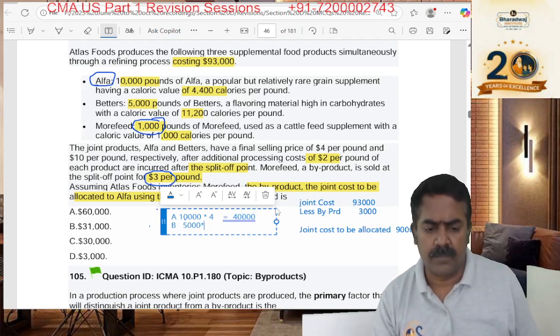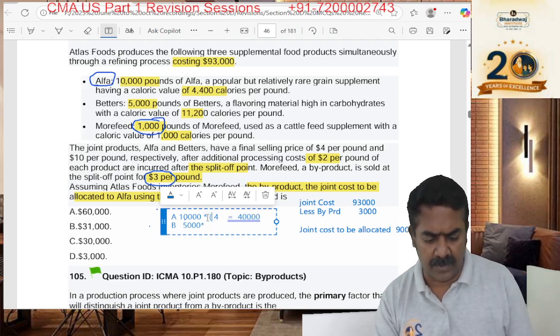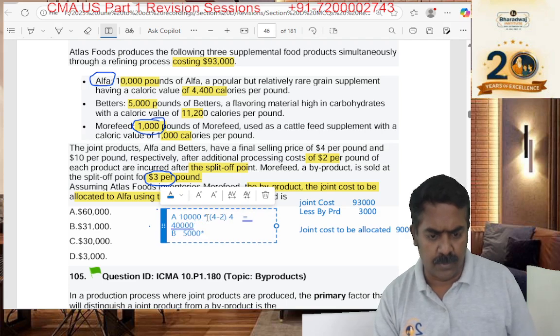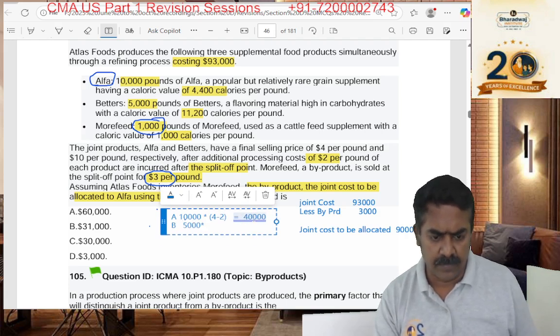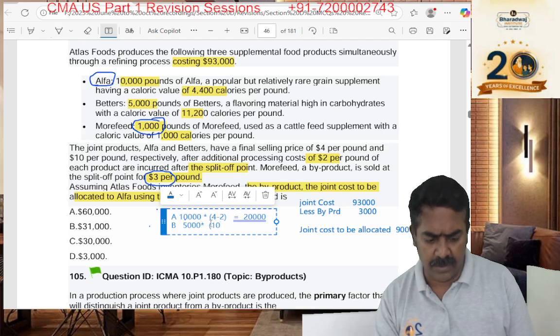It's given: additional cost is 2. So 5,000 into NRV, directly we can put 4 minus 2, that is 20,000 for A. B: into 10 minus 2. How much?